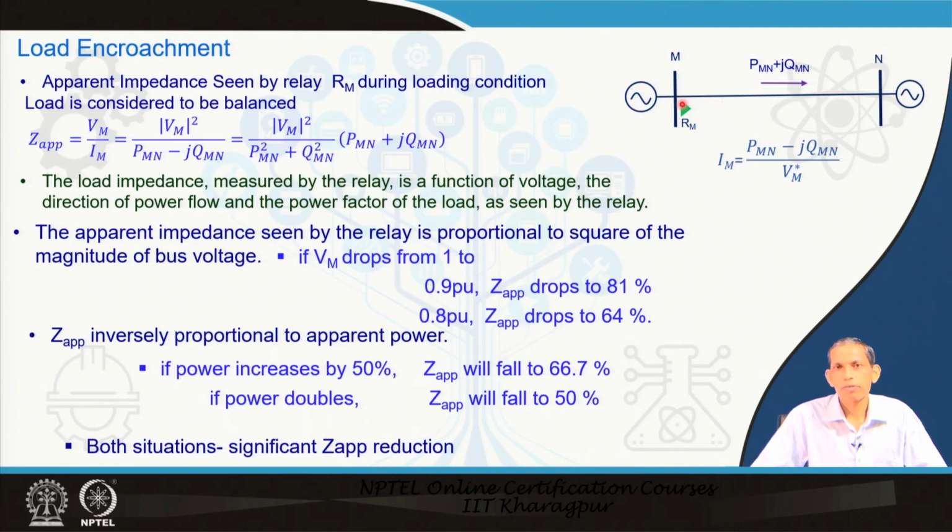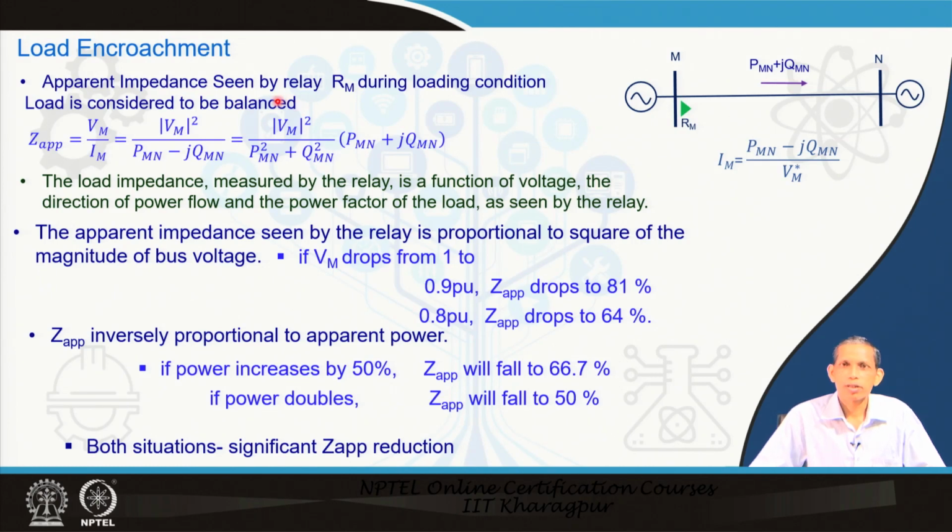For any complex power flow P plus j Q, the corresponding current becomes equal to P minus j Q upon V conjugate. So, that relation is known to us. Now, we will consider the apparent impedance which the relay will see during a normal load flow situation.